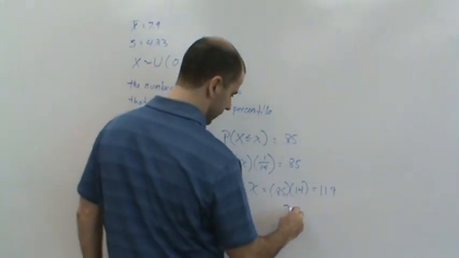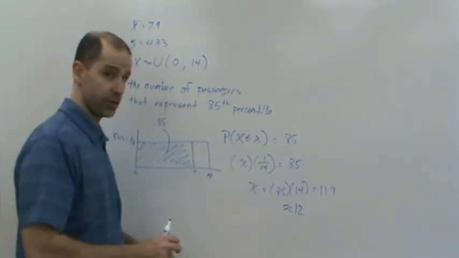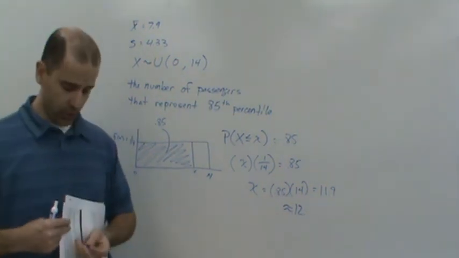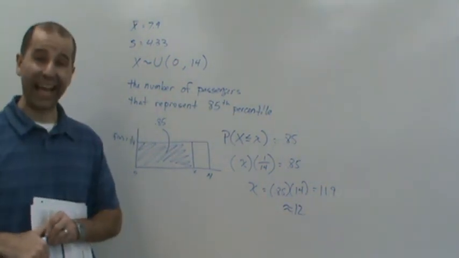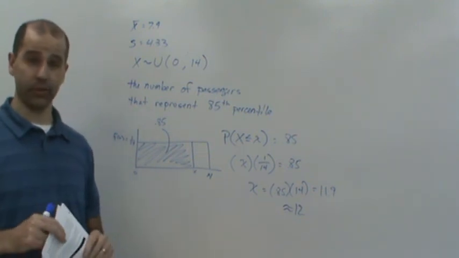So, if we have 12 passengers, that represents the 85th percentile for all passengers.